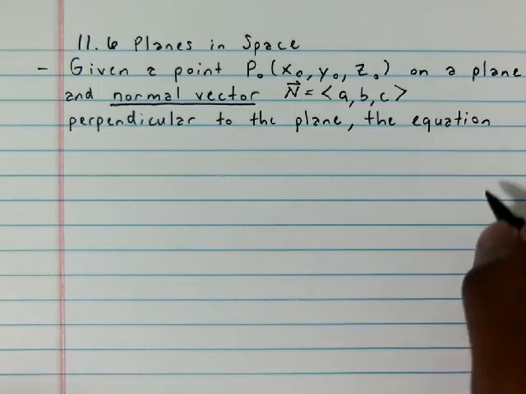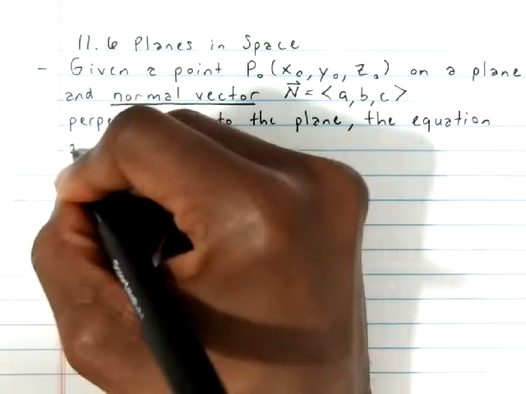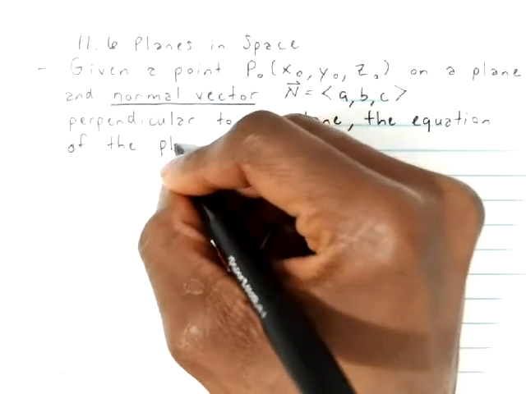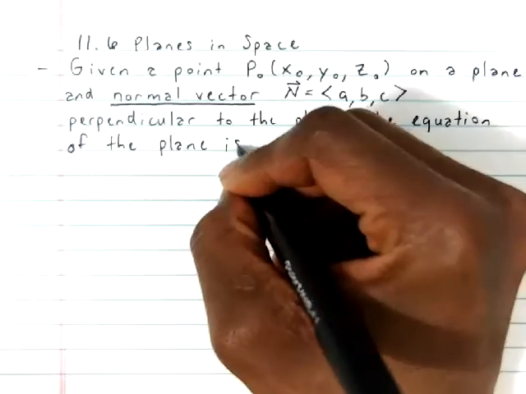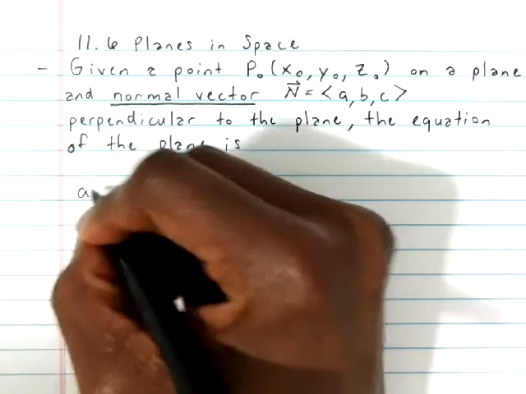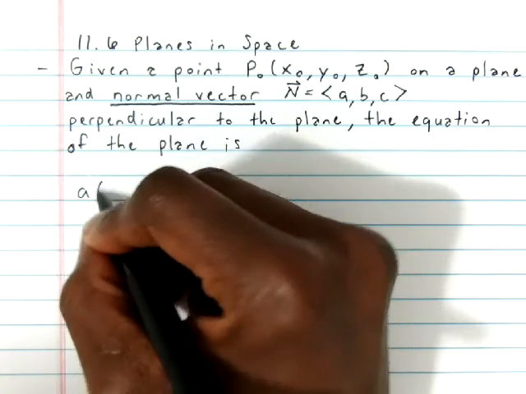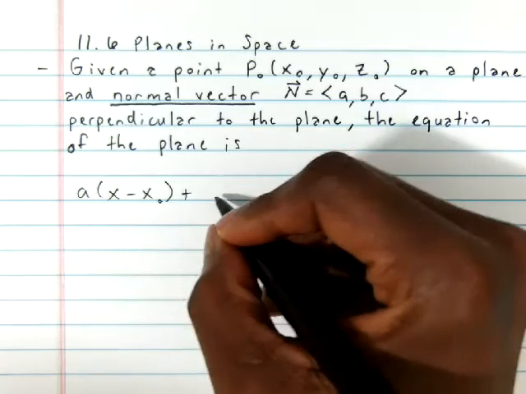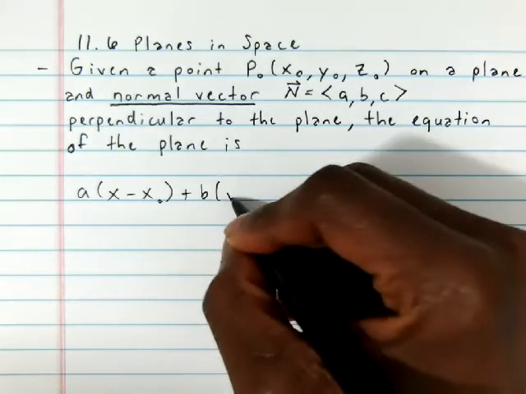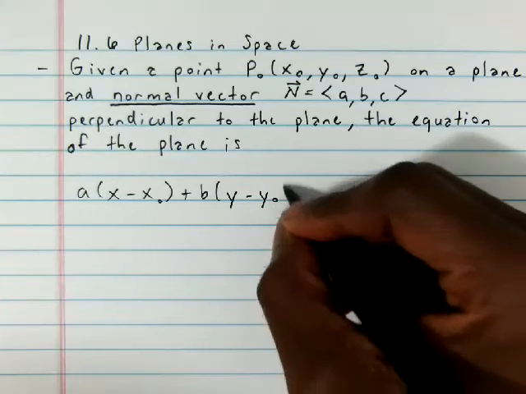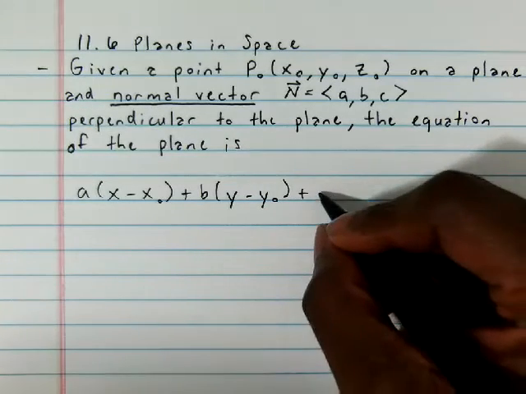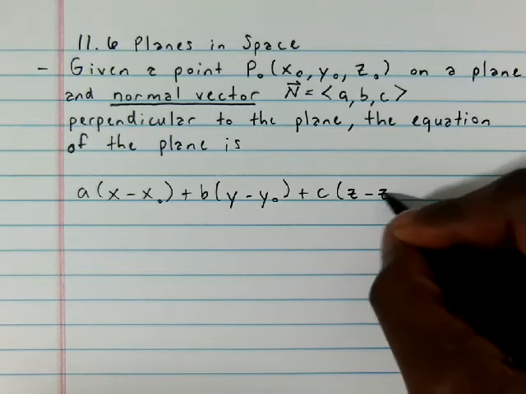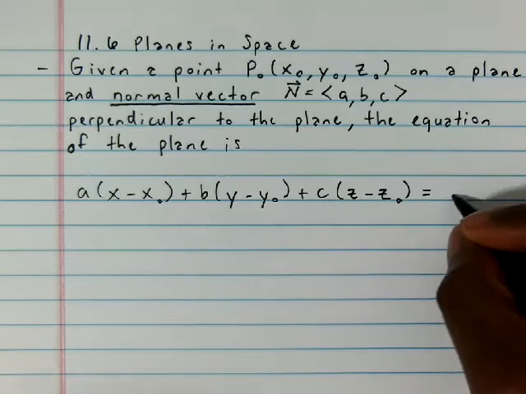The equation of the plane is A times the quantity x minus x naught plus B times the quantity y minus y naught plus C times the quantity z minus z naught equals 0.